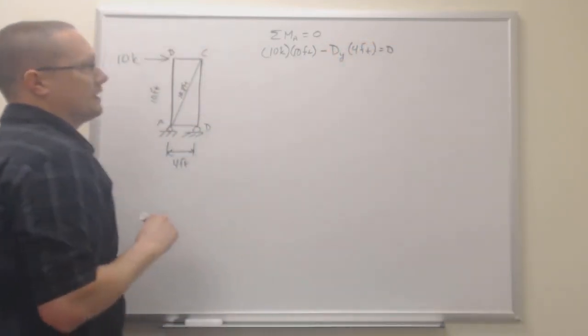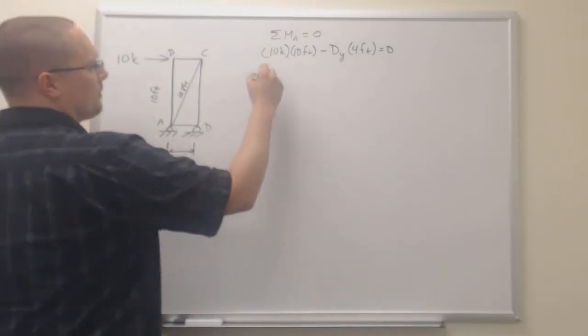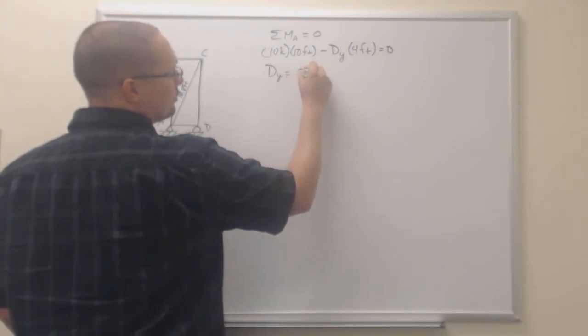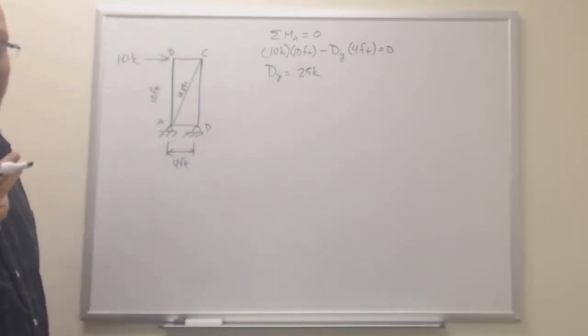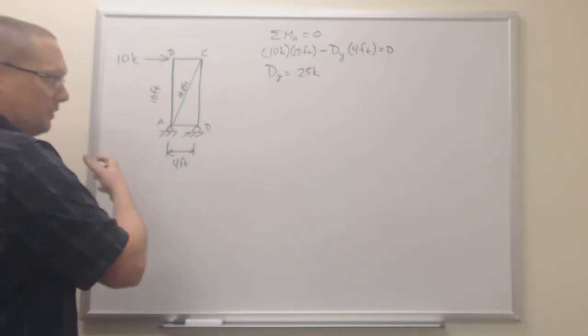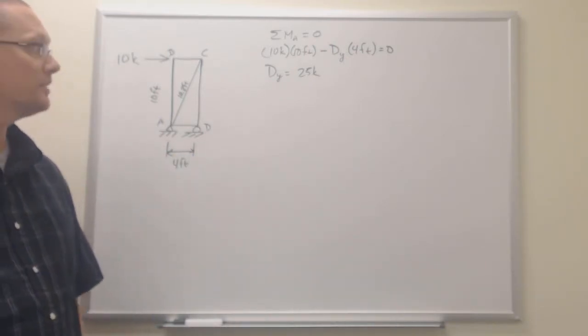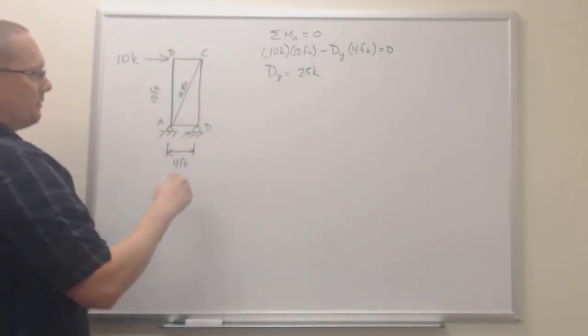So that's going to be 100 divided by 4, Dy is going to be 25 kips. Compare that with our previous example, where with the full width of the wall we only had 8.33 kips. Here we've increased that quite a bit.